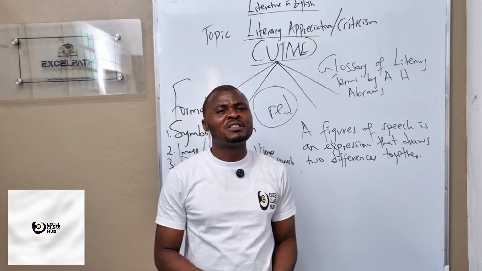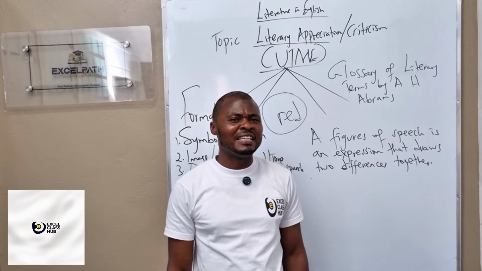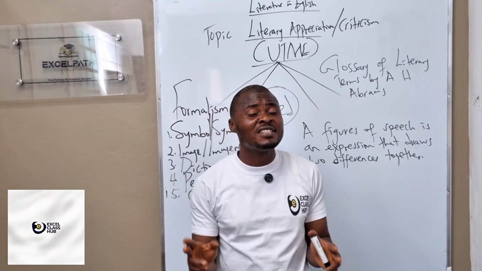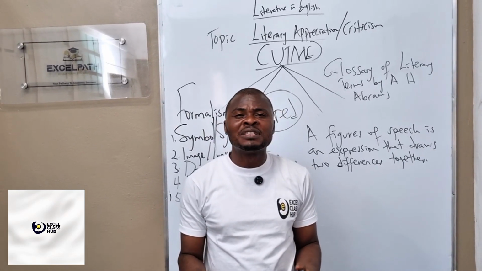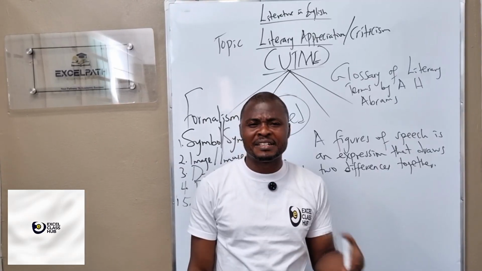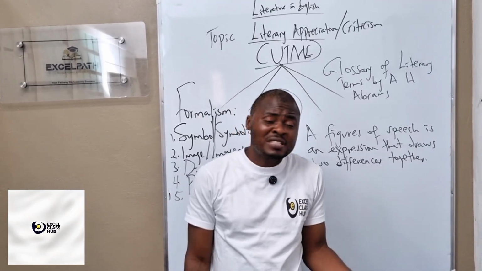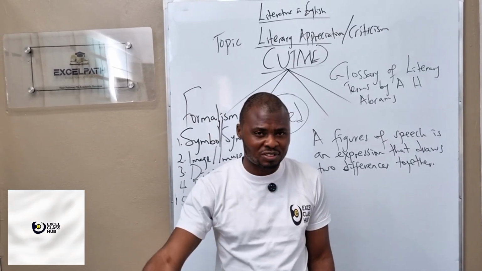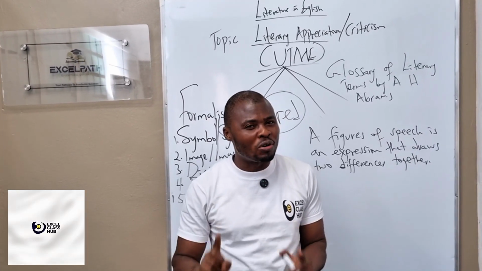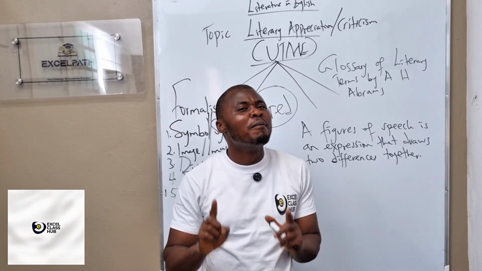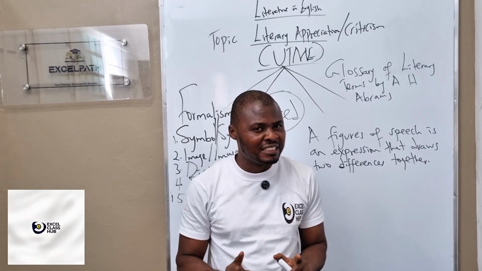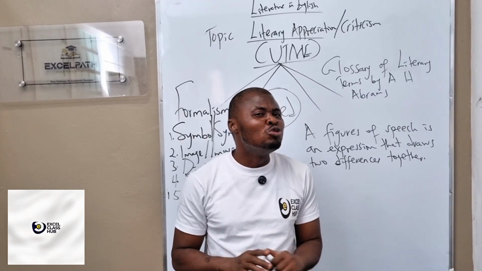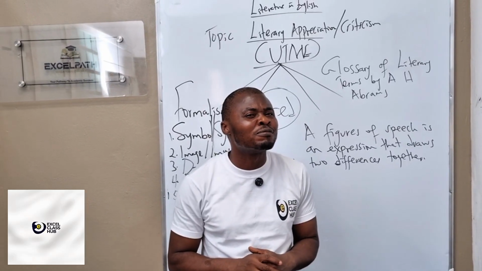But if I use the word red to mean another thing, then that means I have two types of audience listening to me. Those that will think I'm referring to something ordinary or just any color, and those that know that I am talking about something else. Anytime you talk and your word has more than one meaning, so that you can have two different audiences, you have used a figure of speech.